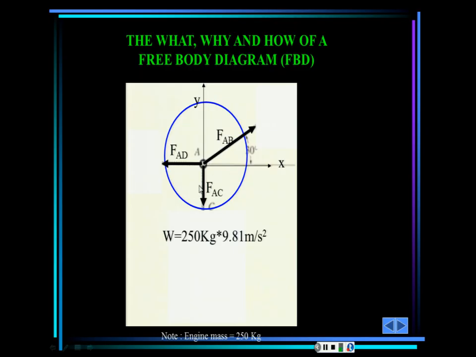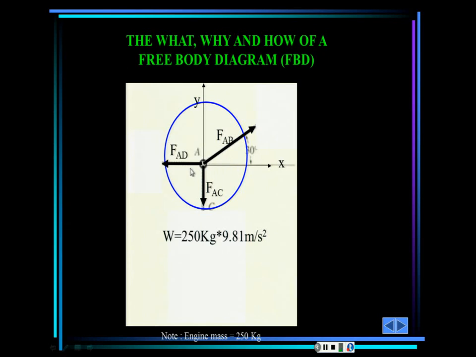That means that for this particle to be in equilibrium, you shouldn't have any unbalanced force in X, and in the same way you shouldn't have any unbalanced force in Y. If we do that, then what you have is this: summation of forces in X equals 0 and summation of forces in Y equals 0.